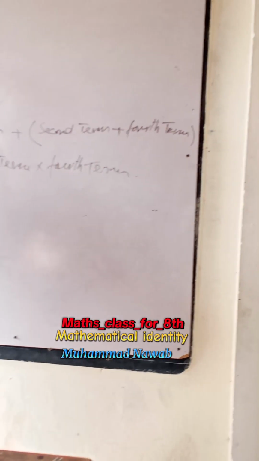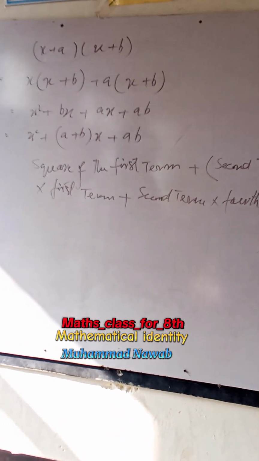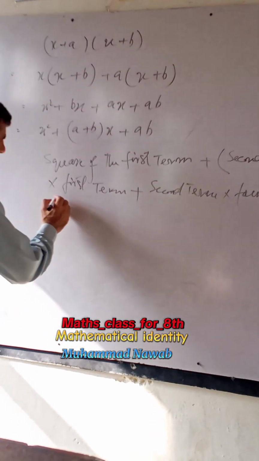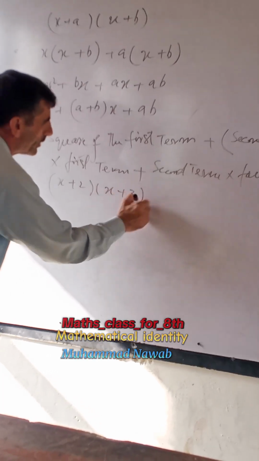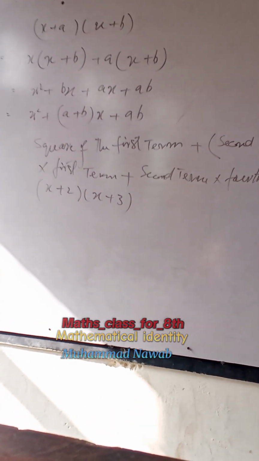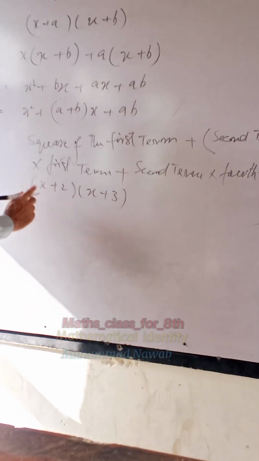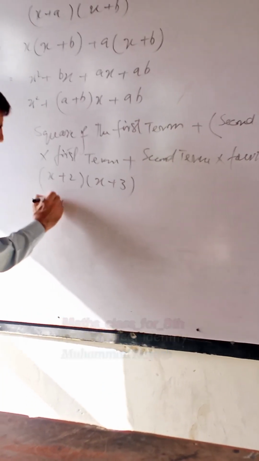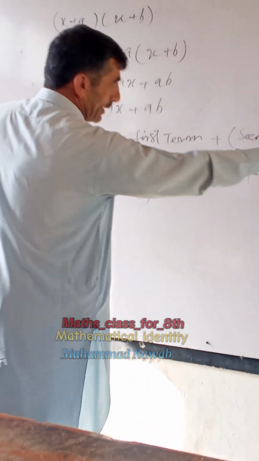Let us take an example and solve it using this identity. That is (x + 2)(x + 3). So according to this identity, square of the first term. So the first term is x, so it is equal to x whole square, plus second term plus fourth term.